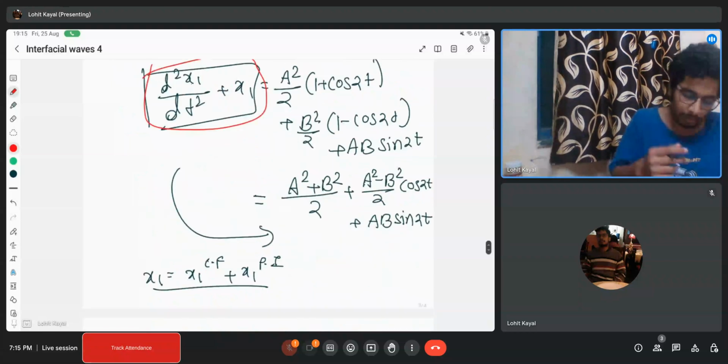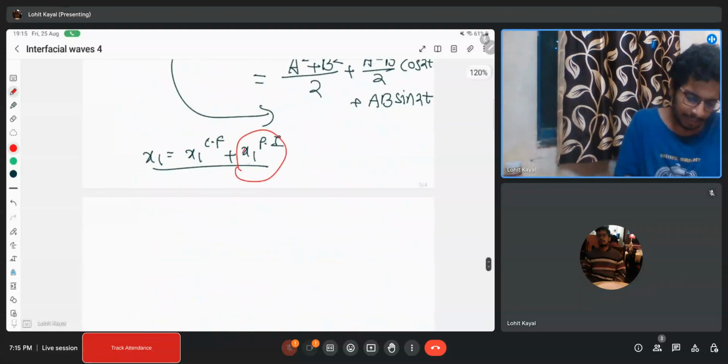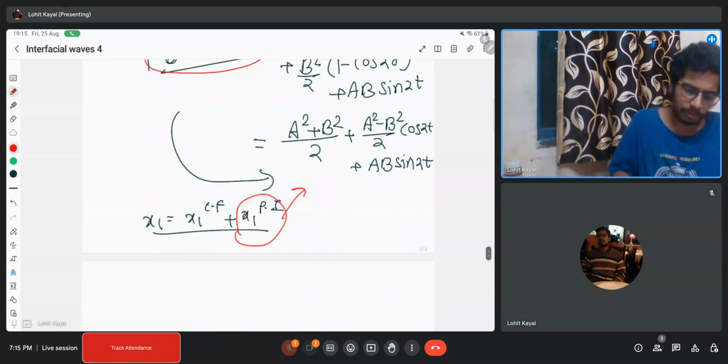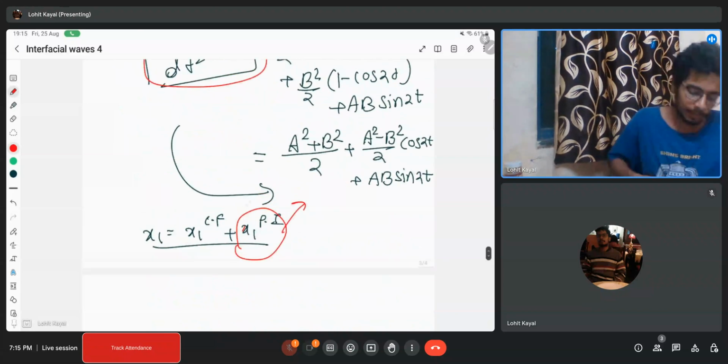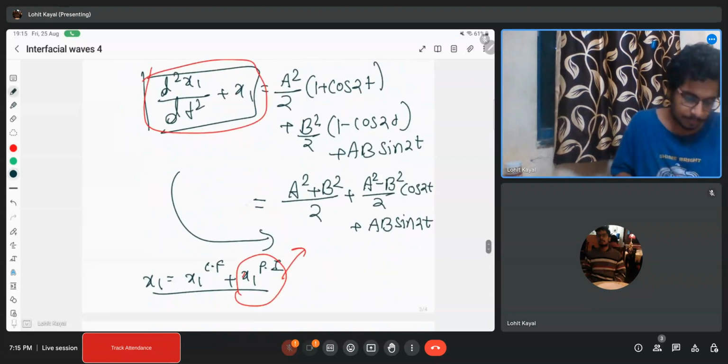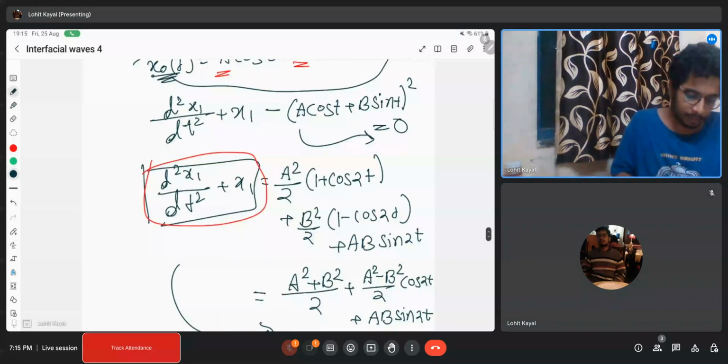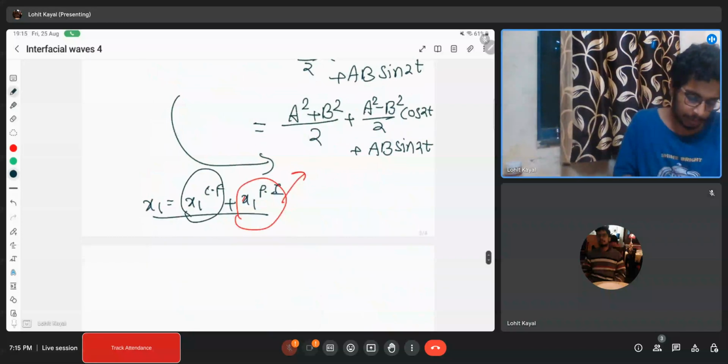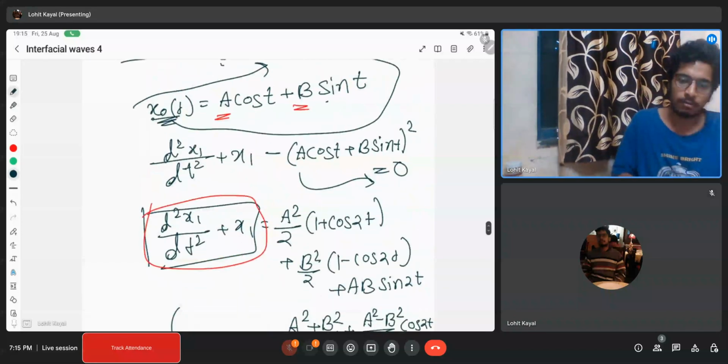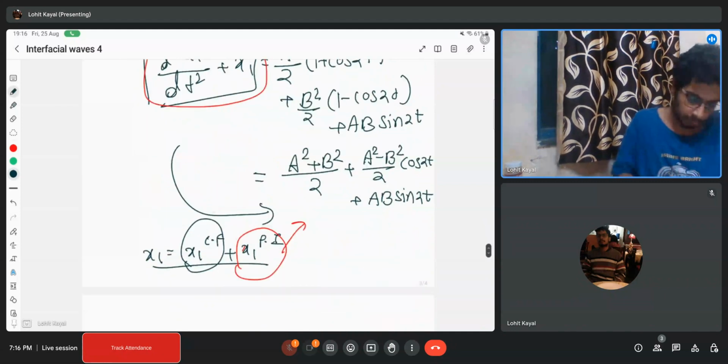So we can simply take the particular integral. Remember that we can neglect this complementary function because we are not bothering about initial conditions. If we specify some initial condition, then to satisfy it we need to consider both the complementary function and the particular integral.